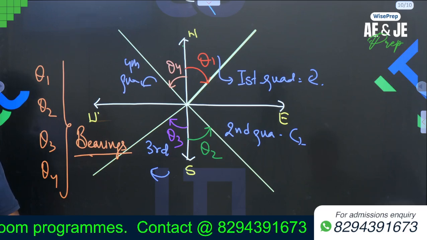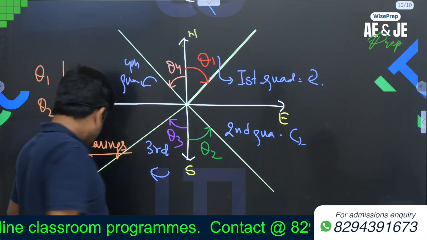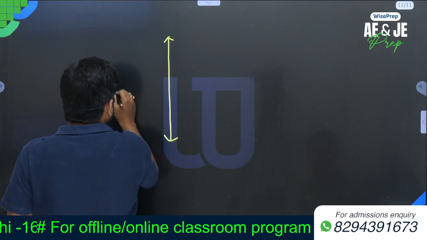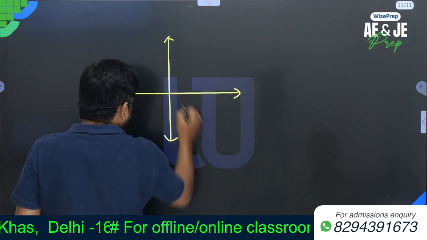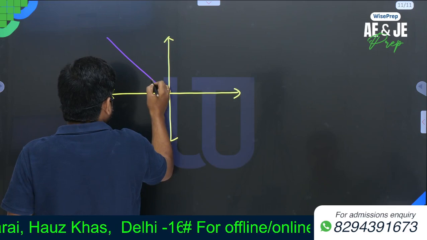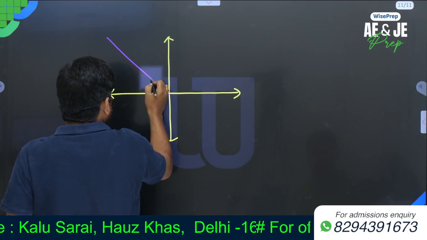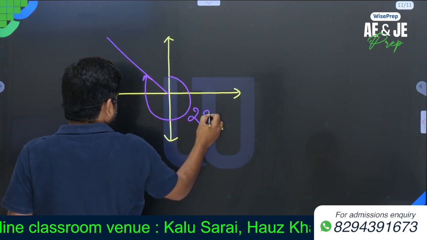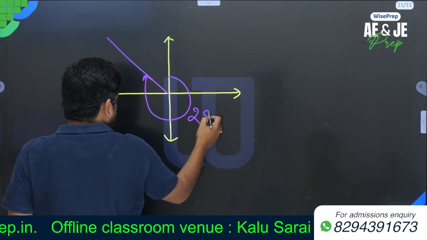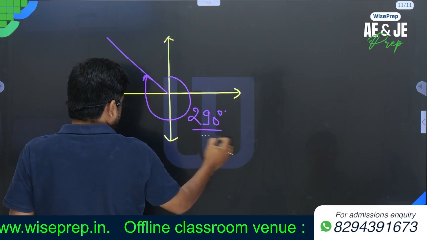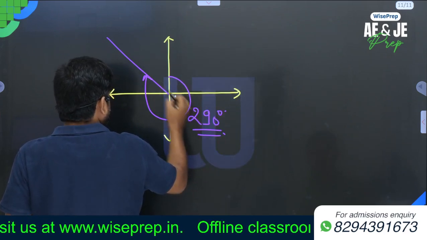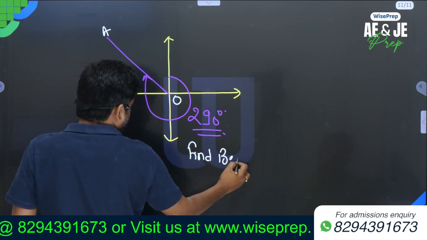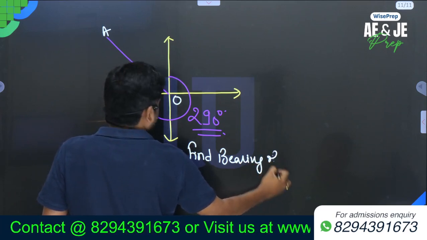Written? Done. Now suppose I give you a question: the angle is 290°. Find the bearing of OA.